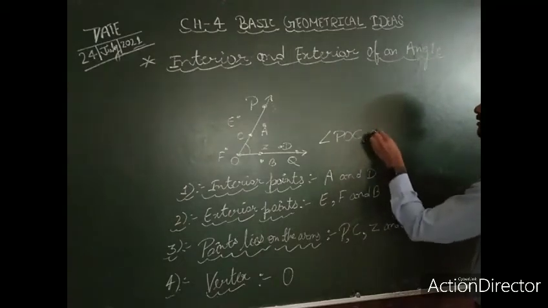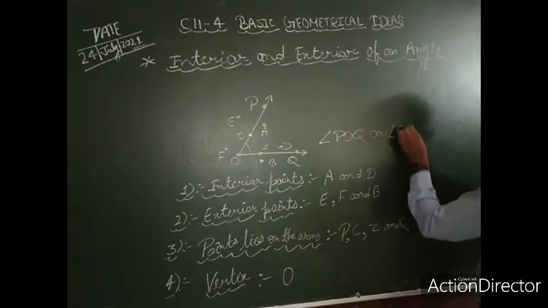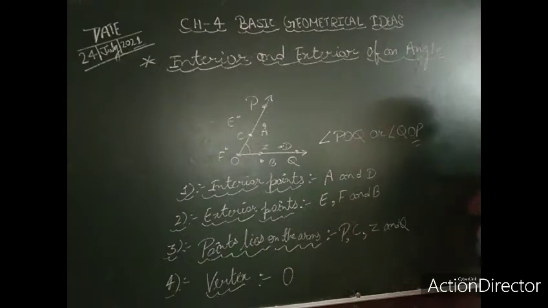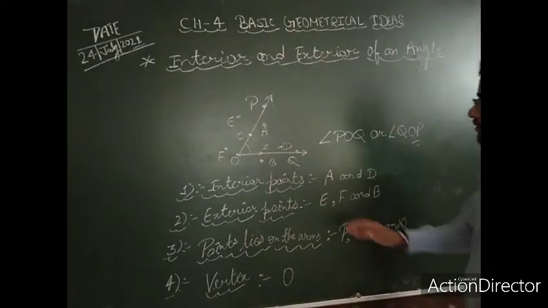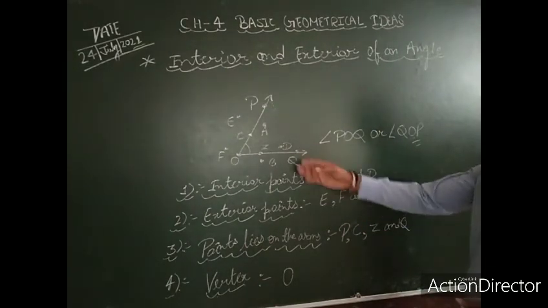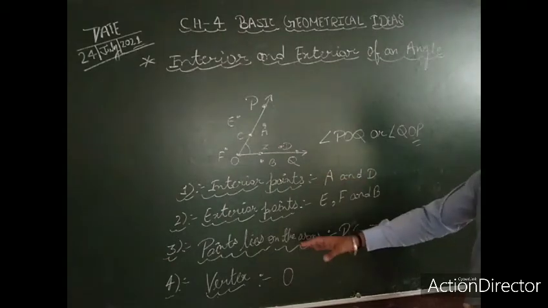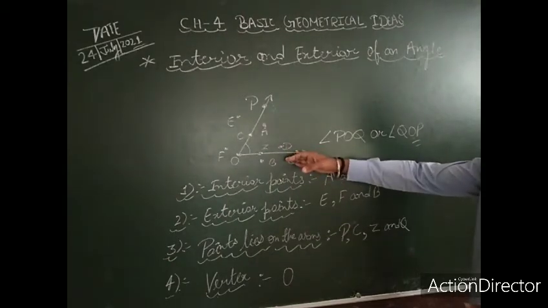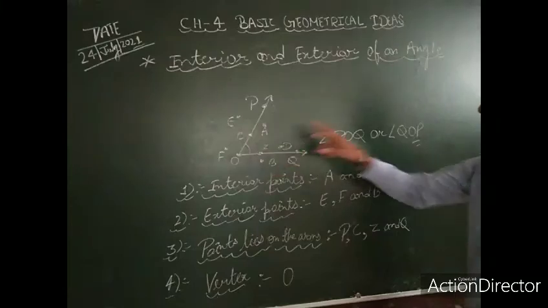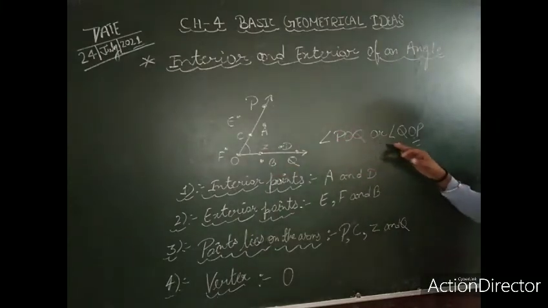So now these are the interior points of an angle, exterior points of an angle, and points that lie on the arms, and this is the vertex, right? And the name of this angle is POQ or QOP, right?